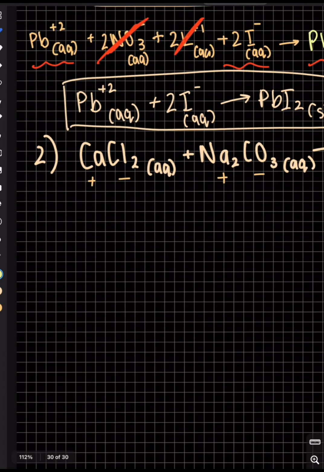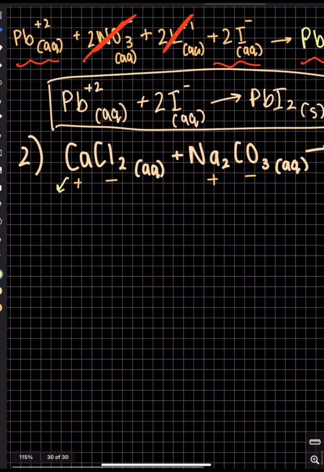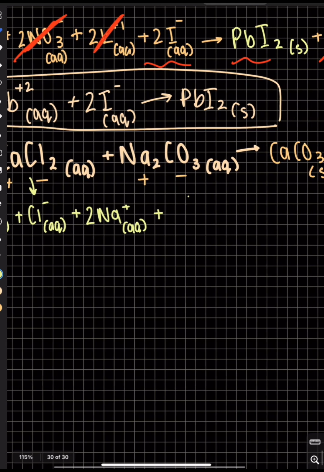How do I do that? I need to split up all of my reactants and products that are not solids, so just my aqueous solutions. I'm going to write calcium, Ca 2+ aqueous, plus chloride, Cl negative aqueous, plus 2 Na+ aqueous, plus carbonate, CO3 2- aqueous.